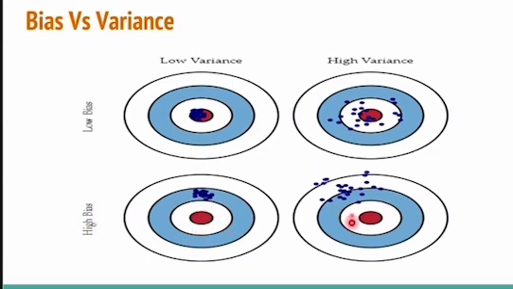But this is a double tragedy where you have high bias and high variance. You can see the blue dotted points are scattered away, indicating a spread out, and none of them is close to the target. We don't want that.